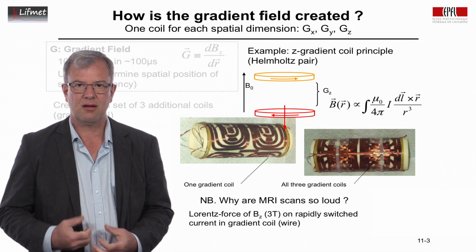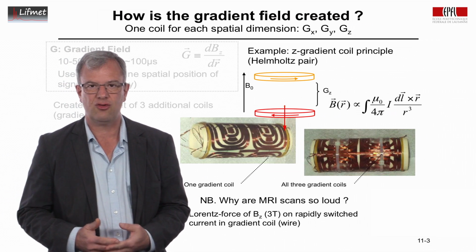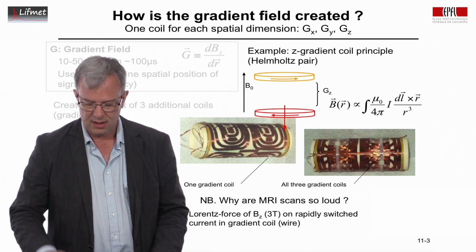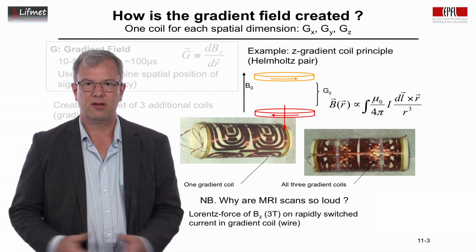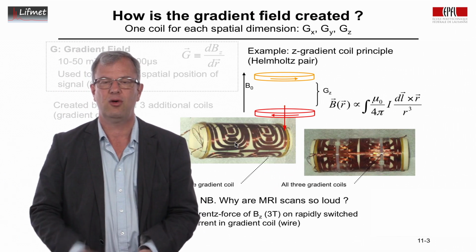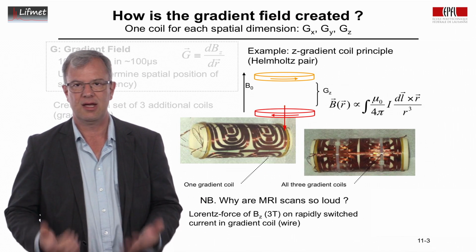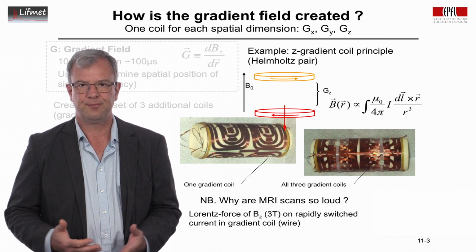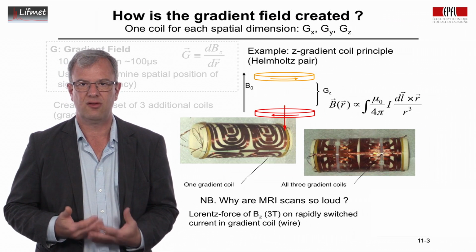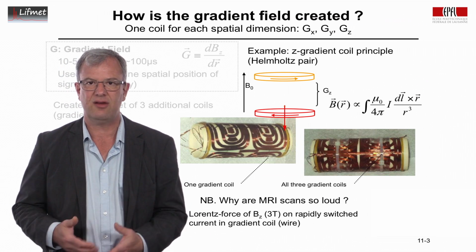Because the current in the gradient coil is switched rapidly, the force builds up rapidly, and this is like a hammer knocking on a structure. Here it's the copper structure that hammers on its support. The support doesn't move, like if you hammer on a table, like this table here. The support cannot move, but you still have this knocking sound, and that produces very strong forces.